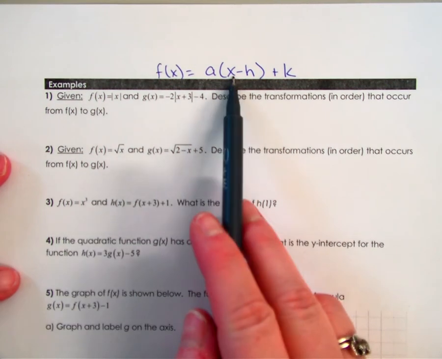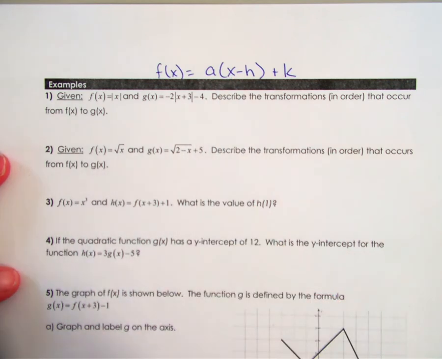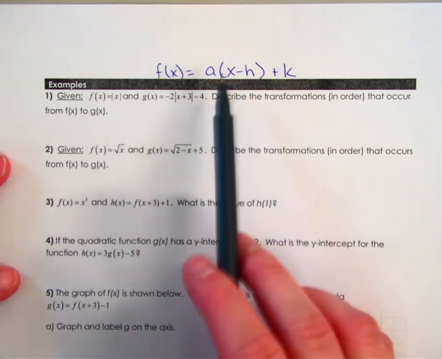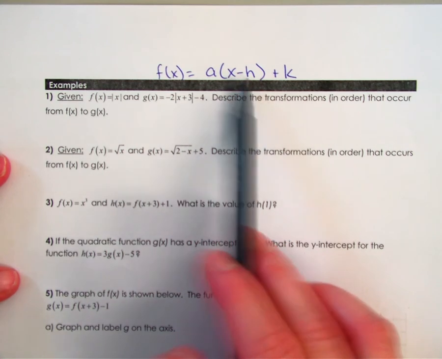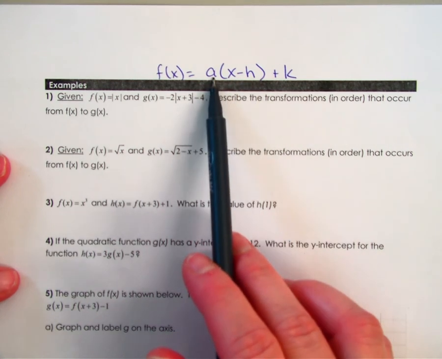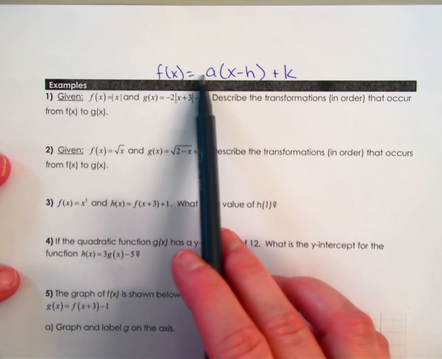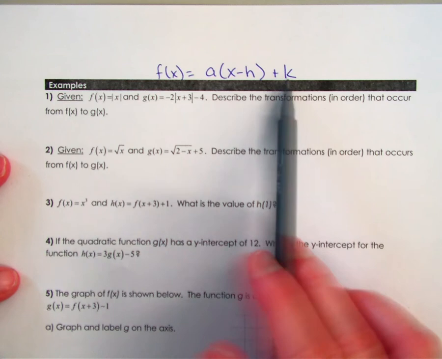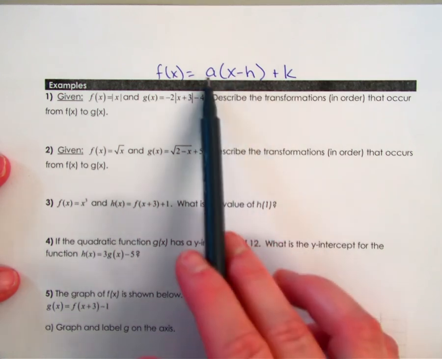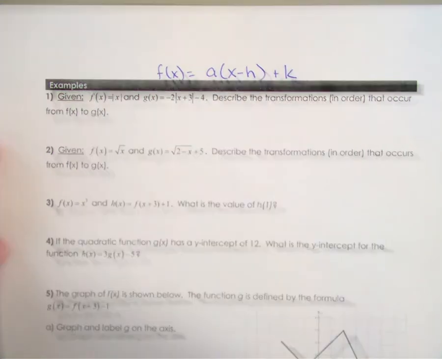So again, the transformations follow this pattern. Here's x, so we start with the horizontal shift, and then you multiply by your dilation, and then if there's a negative sign for your reflection, that happens next, and then your vertical shift. So we're starting with what's closest to your x, and then we work our way out to everything else.